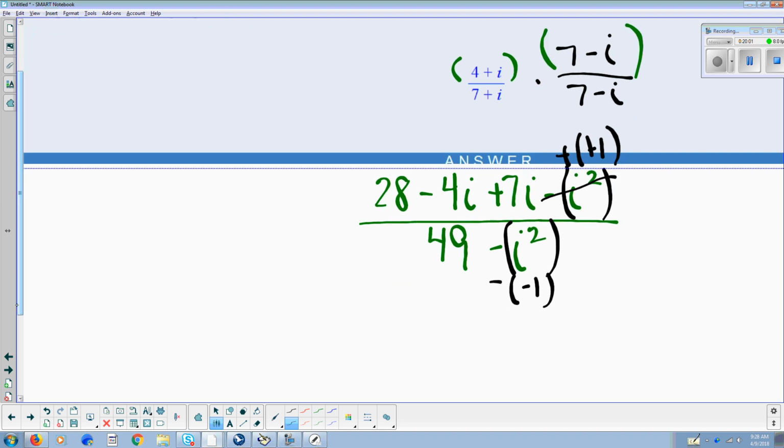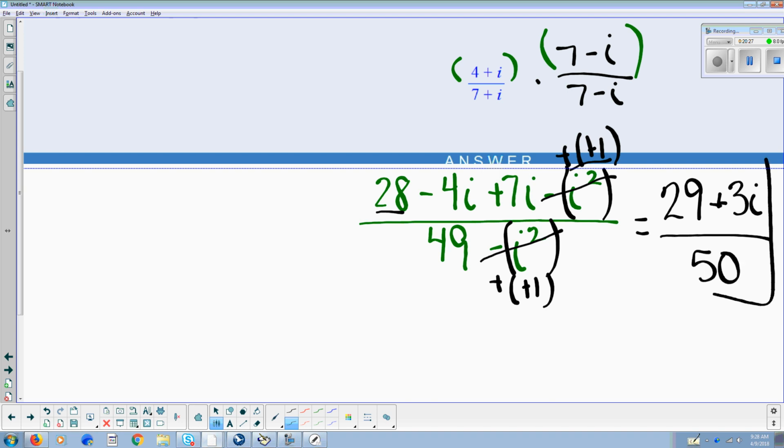So if I look at like terms in the numerator, I've got 28 that combines with positive 1 to be 29. And I've got negative 4i that combines with 7i to be positive 3i. In the denominator, change it to plus a positive. 49 plus 1 is 50. There is your answer: 29 plus 3i over 50.